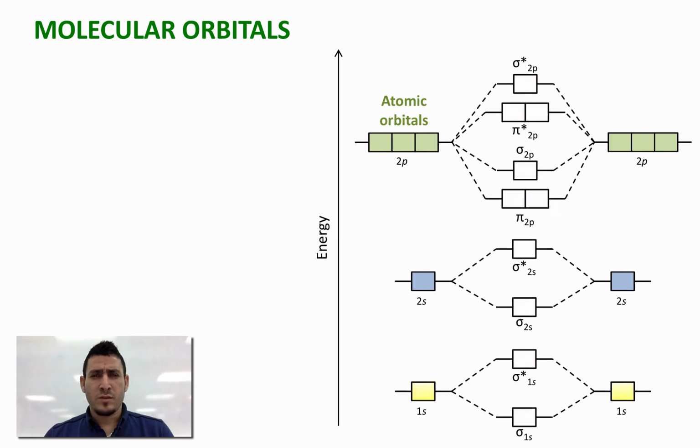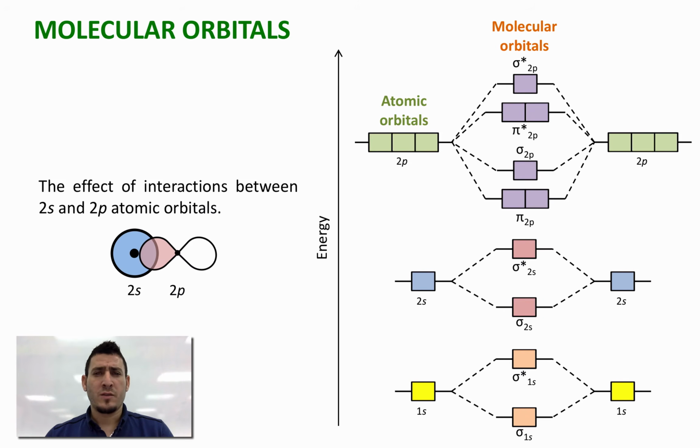In different molecules, it was noticed that there is an overlap between the 2s orbital of one atom and the 2p orbital of the other atom, and therefore, this will result in a change in the energy level of the sigma 2p and the pi 2p. So the sigma 2p will be at a higher level of energy, and the pi 2p will be at a lower level of energy compared to the previous model that we represented.